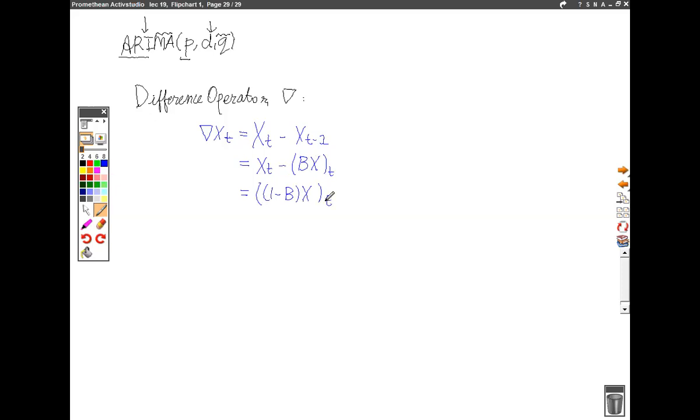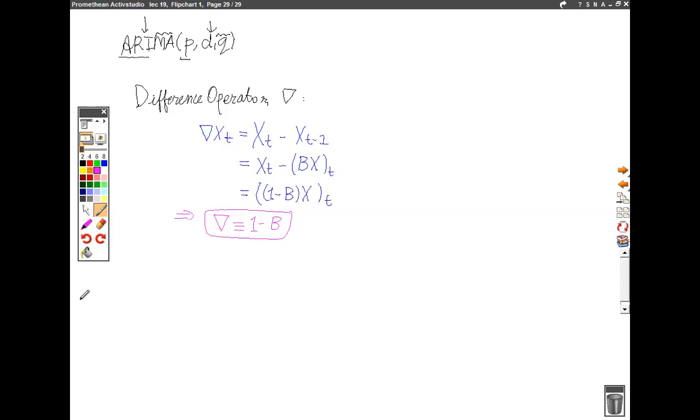And remember the previous condition that we wrote, that our difference operator is nothing but just 1 minus B. So this is how we get that the difference operator is just 1 minus B, so it performs the same operation that 1 minus B would do on xt.